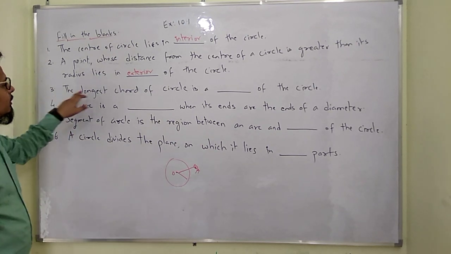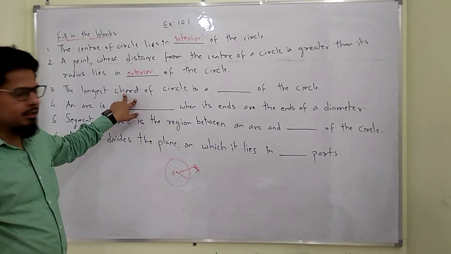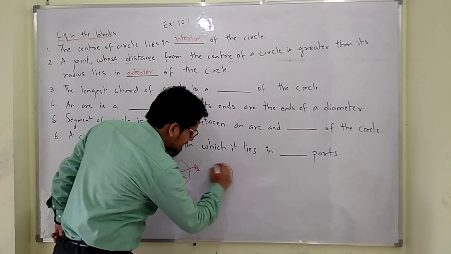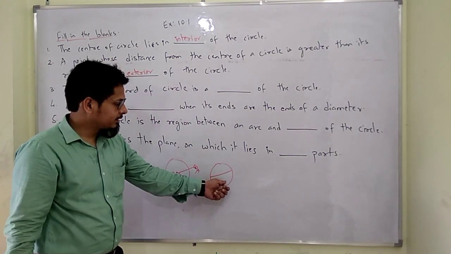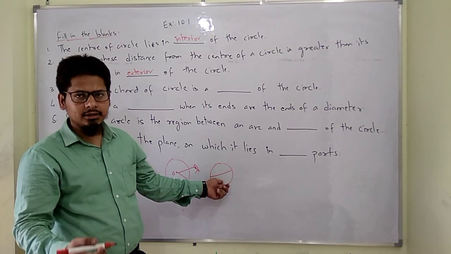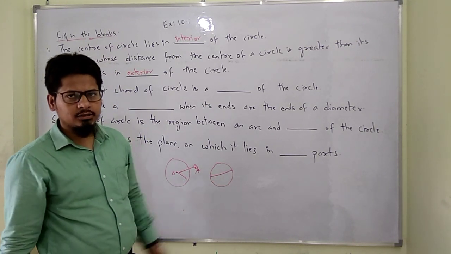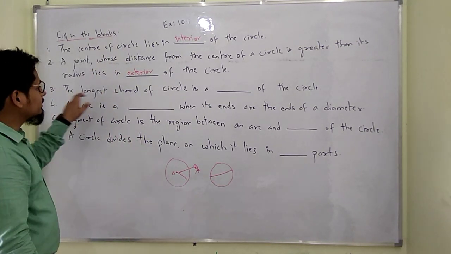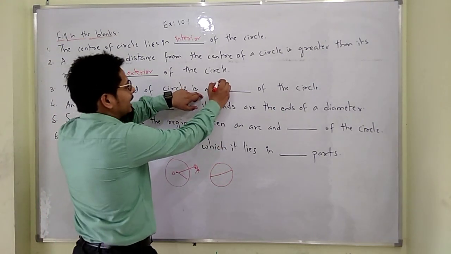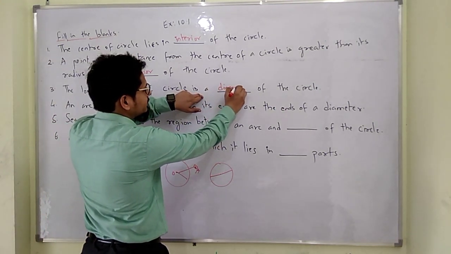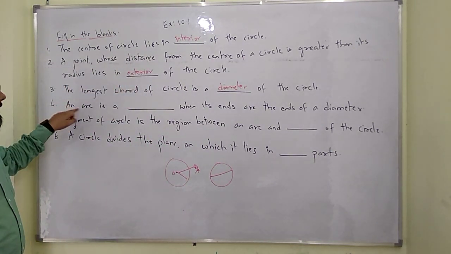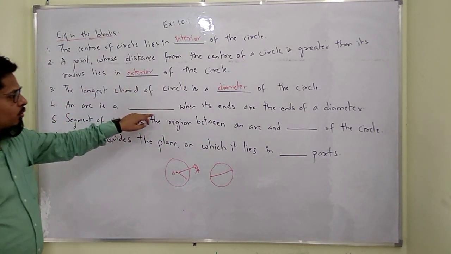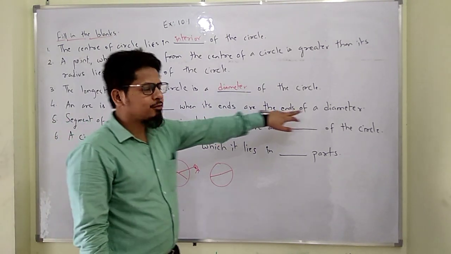The next: the longest chord of a circle. You see this figure, and it is also a chord, but this chord passes through the center, and this chord is called a diameter. So the longest chord of a circle is a diameter of the circle. Okay, third answer.